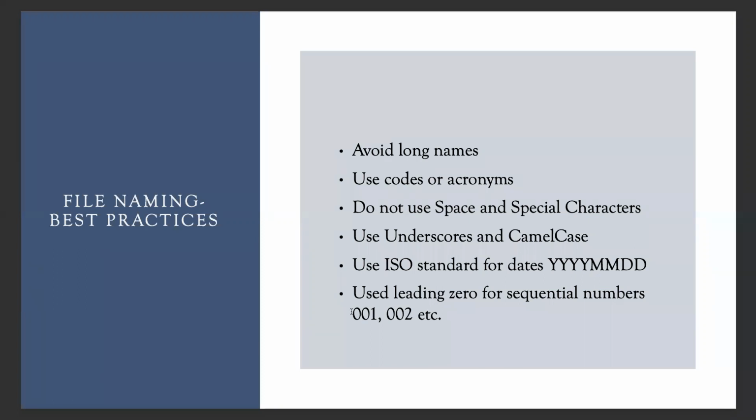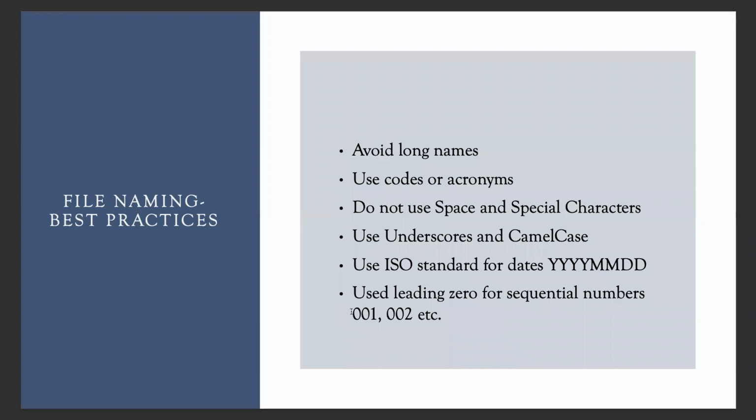For example, sometimes GIS cannot read space, and also special characters like hash tag, period, or question mark might not be a good thing to add in on a file name because it could be interpreted by the computer or the software you are using in different ways. And in some cases, they are not allowed as well.